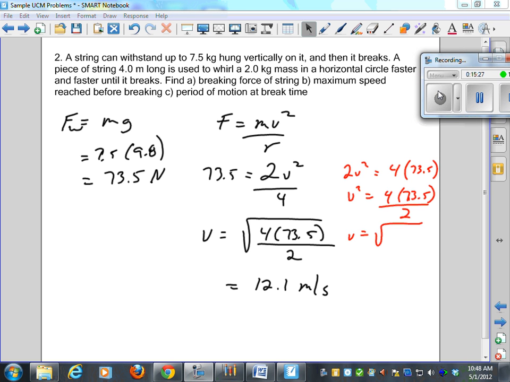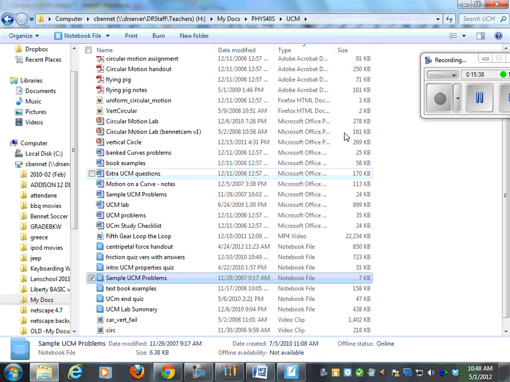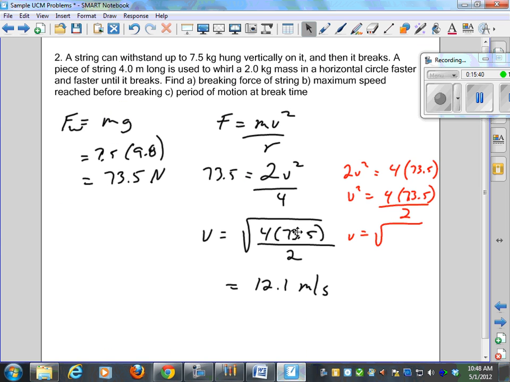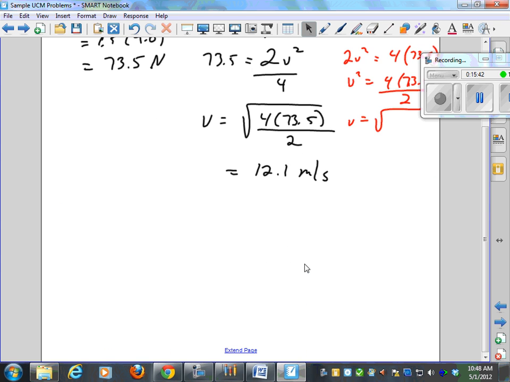So the maximum speed before breaking is 12.1. Now, what is the period of motion at break time? In other words, how long does it take to go around when that string breaks? Which formula has period in it?